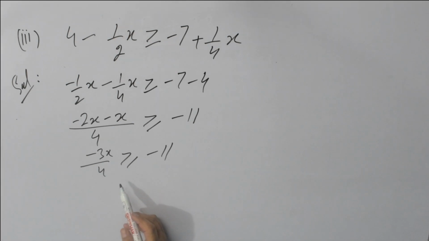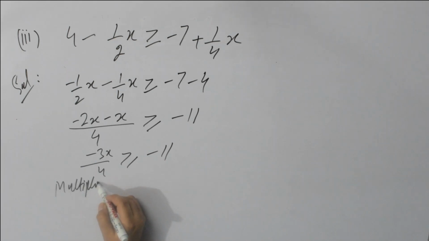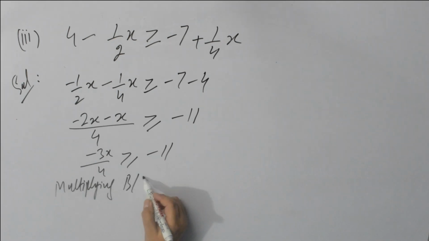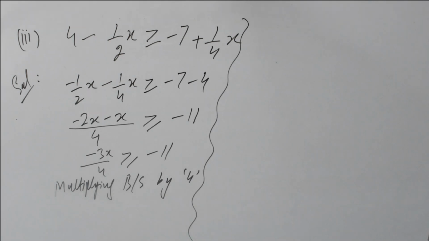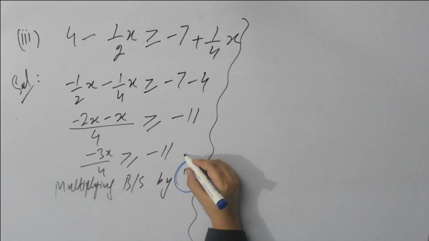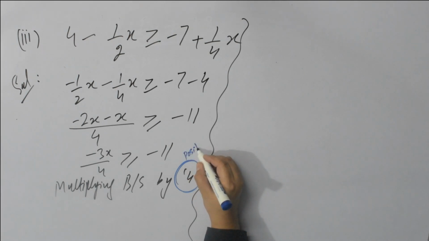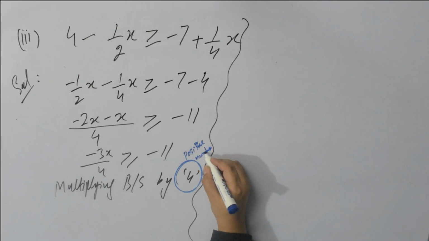Now multiplying both sides by 4, what did you do? What is 4? 4 is a positive number, okay. It's a positive number, right students.